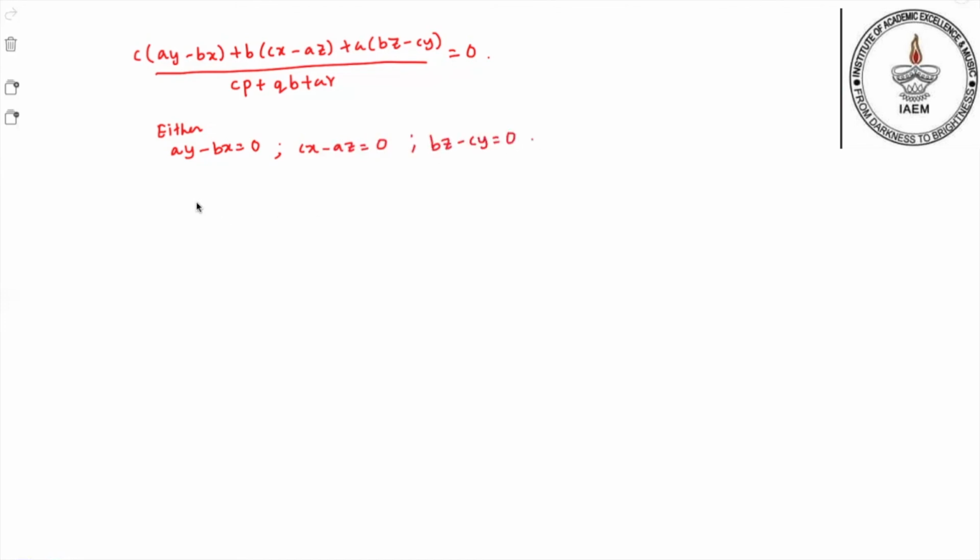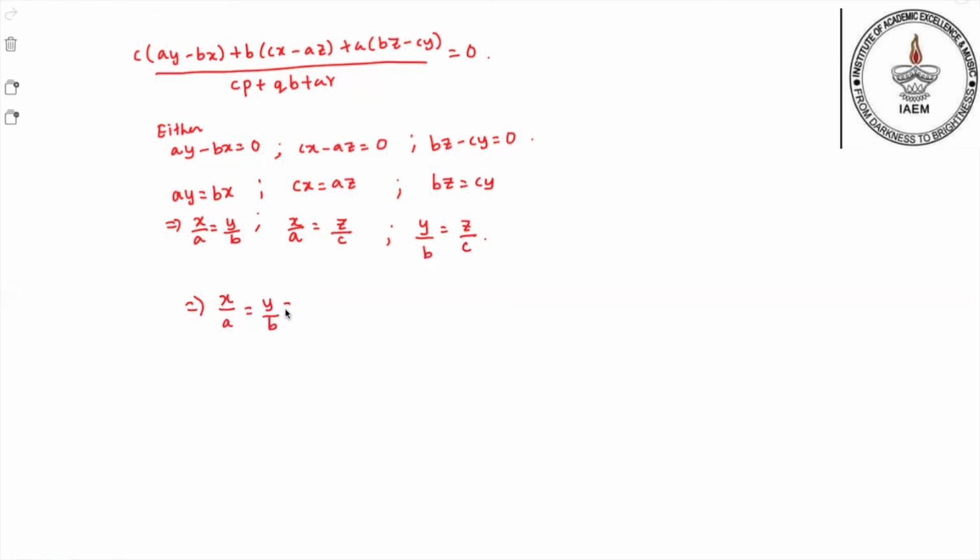If that be the case, then ay equals bx implies x by a equals y by b. cx equals az, which means x by a equals z by c. bz equals cy, from here we can write y by b equals z by c. This implies we will have x by a equals y by b equals z by c.